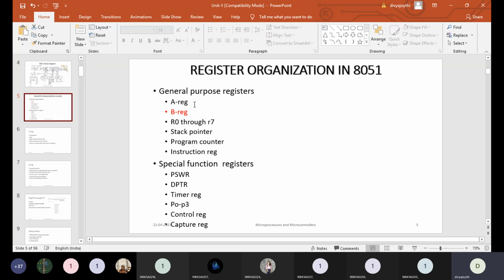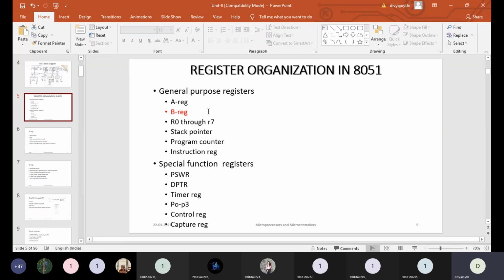B register. Here, if you observe, I have highlighted the B register in red color. The reason is that this B register can be used either as a general purpose register, or it can also be used as a special function register. B register is also of 8-bit size, just like the A register.